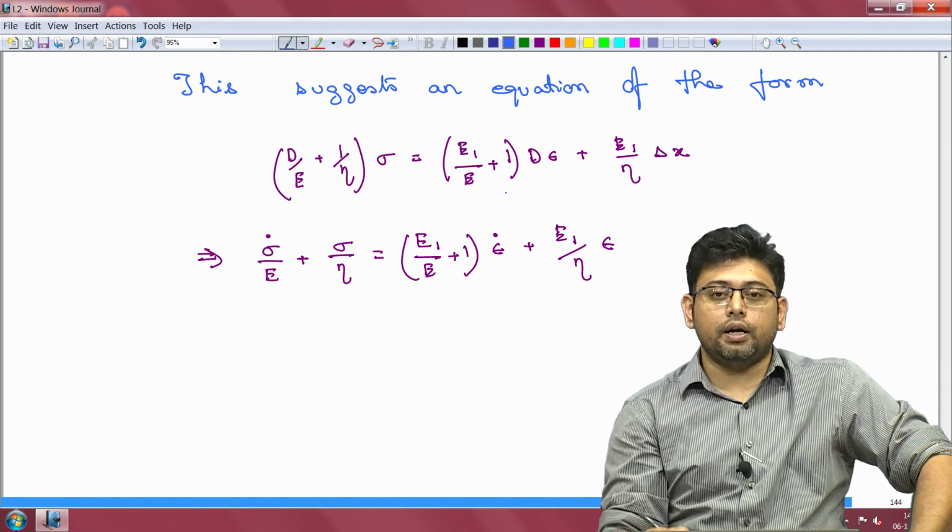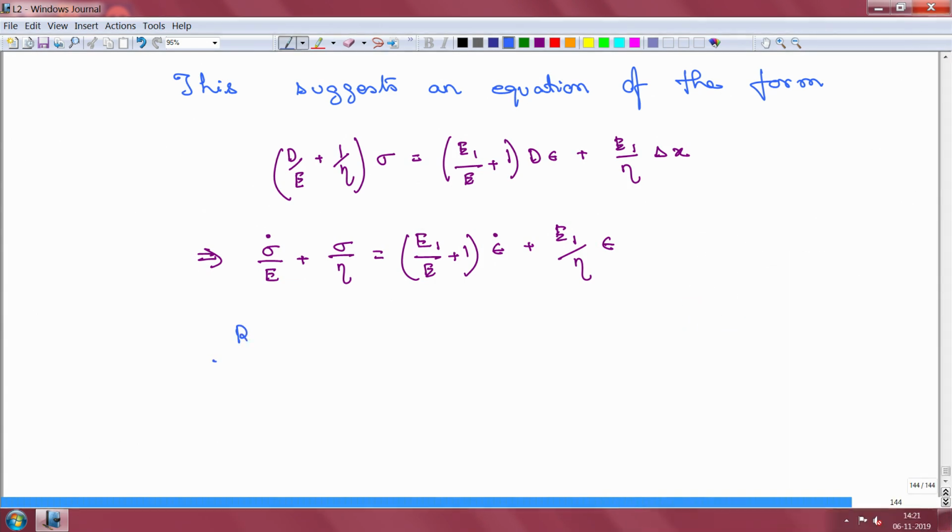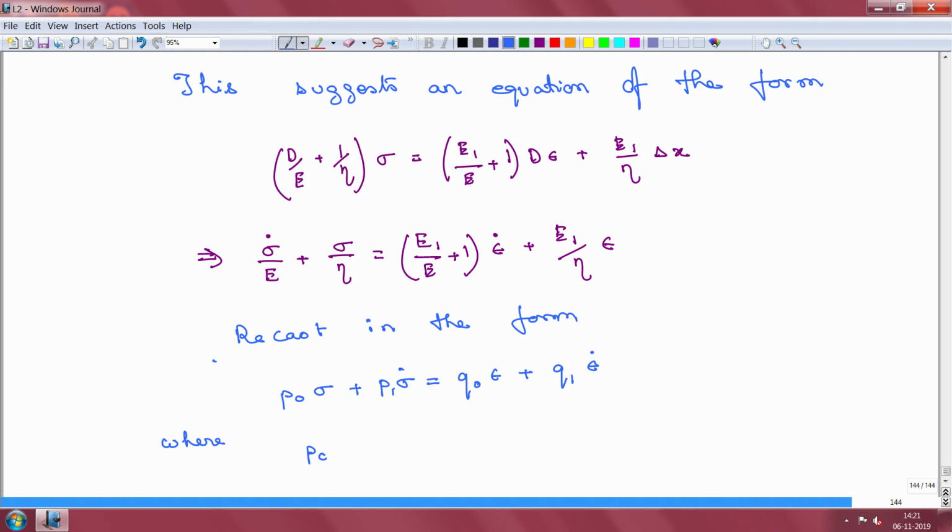I will recast this particular equation in the form P0 of sigma plus P1 of sigma dot equal to Q0 epsilon plus Q1 epsilon dot, where P0 in this case is 1 by eta, P1 is 1 by E, Q0 is E1 by eta, and Q1 is 1 plus E1 by E. Yeah.